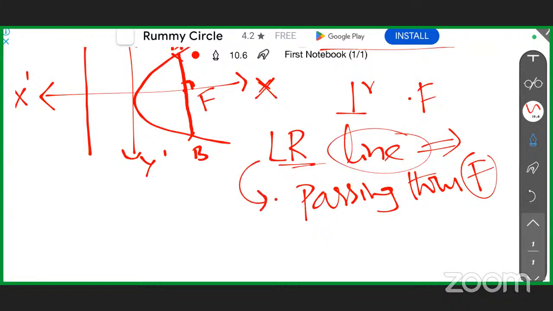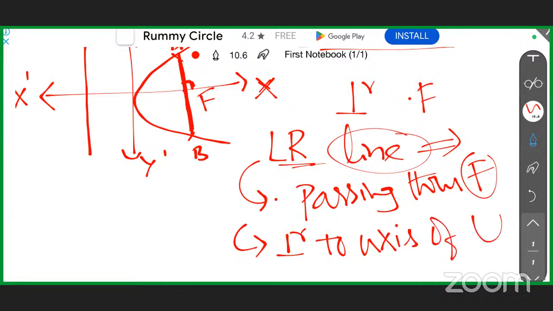The first characteristic is that the line is passing through focus. The second characteristic is that the line is perpendicular to the axis of parabola.